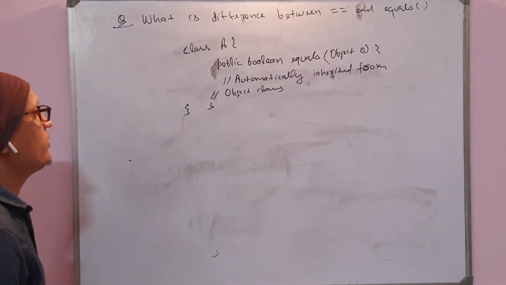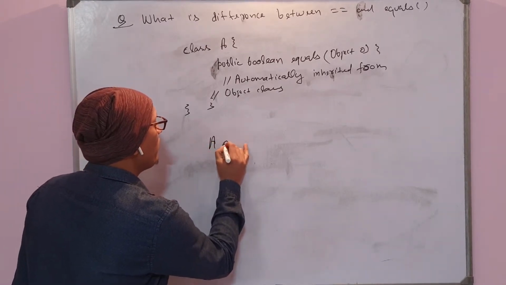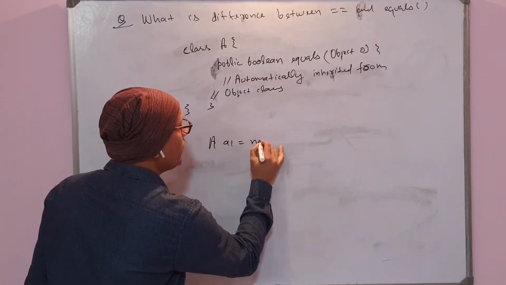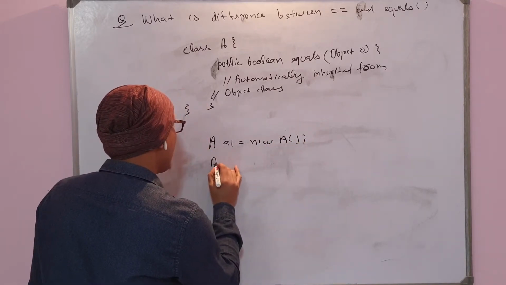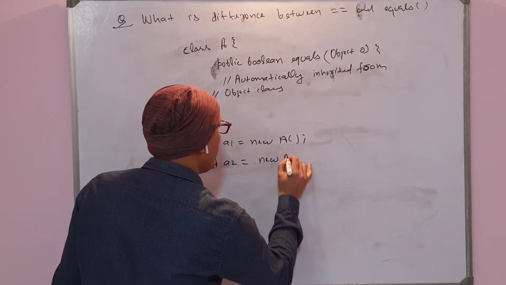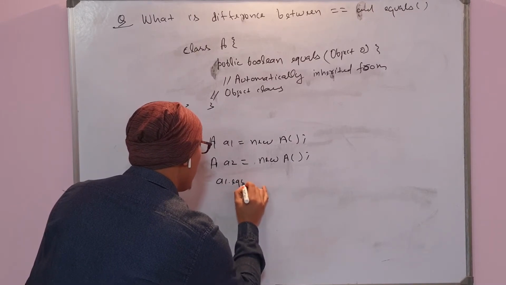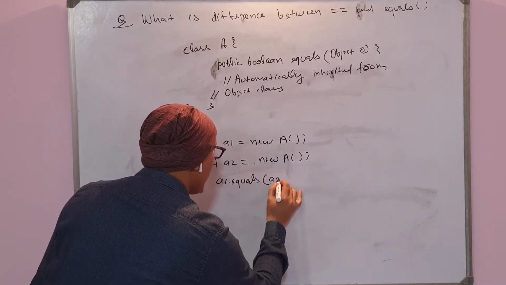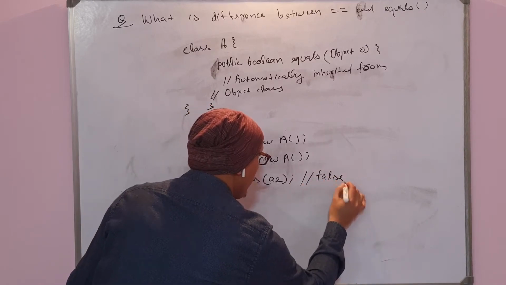Okay, this equals method. Now if you are creating two objects, a1 equal to new A and a2 equal to new A, and I do a1.equals(a2), you know what it will return? It will return false.